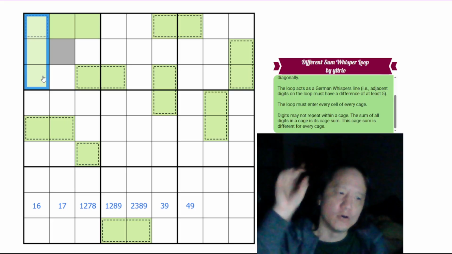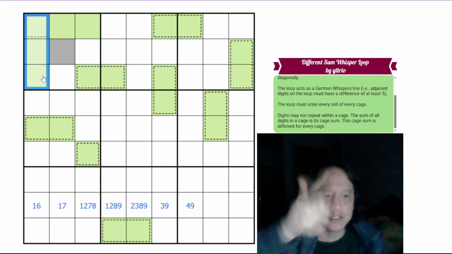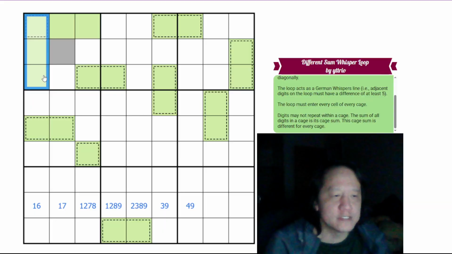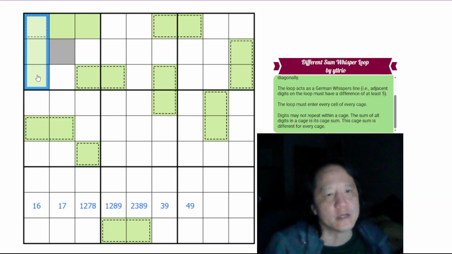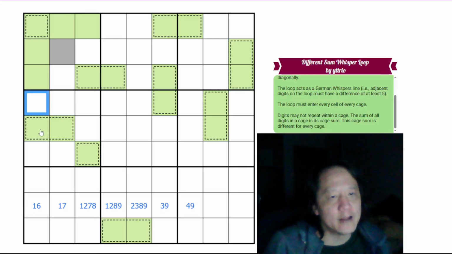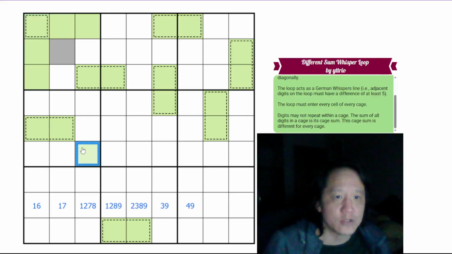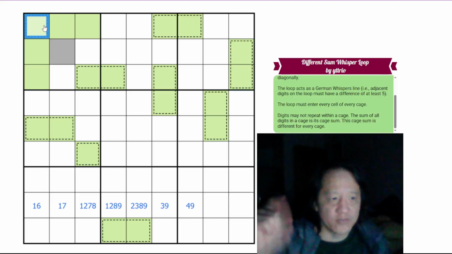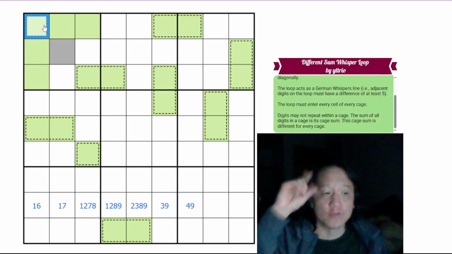That means you'll always alternate between low and high digits. One set will always be the same. You have low, high, low, high, low, high, low, high, low, high, low, high, right? So these are opposite sets no matter what you have. Well, that means one of them has to be a high digit and one of them must be low.